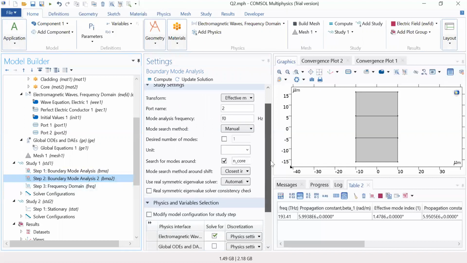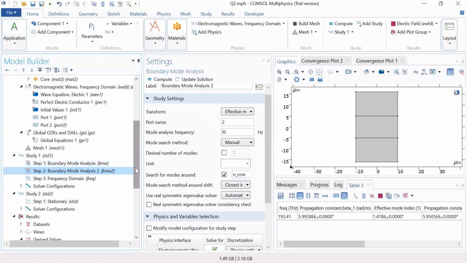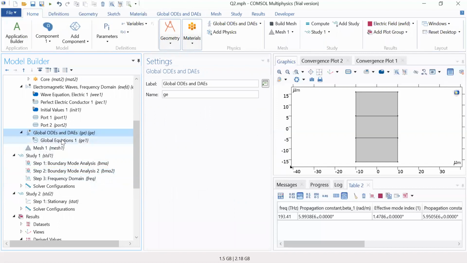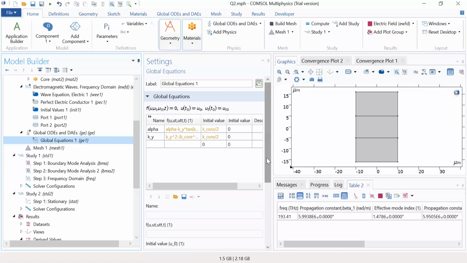In the second boundary mode analysis, we need the same thing, we only change the port name. After doing this, we define the global ODE, where we put the transcendental equation and initial value, because that is what COMSOL does.